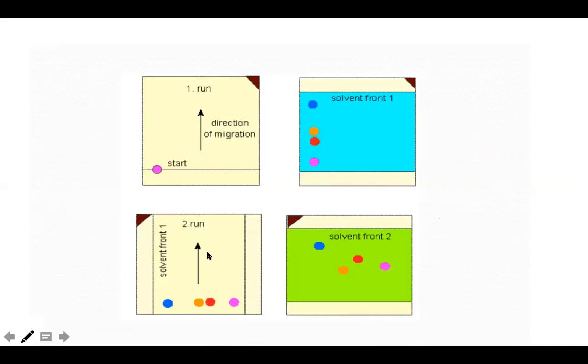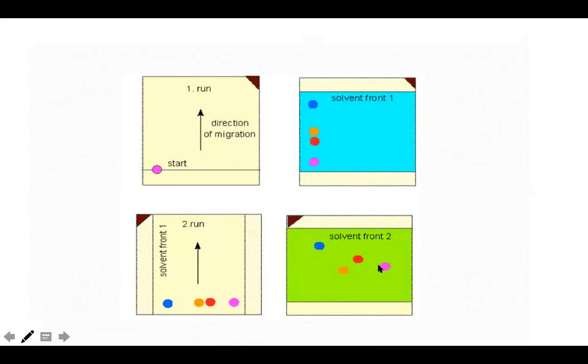For example, this one you can see. This is the first run. The first run gave the separation like this, and if you put this one at the bottom like this, and then run again with another solvent, solvent 2, you can find the compounds nicely separated.